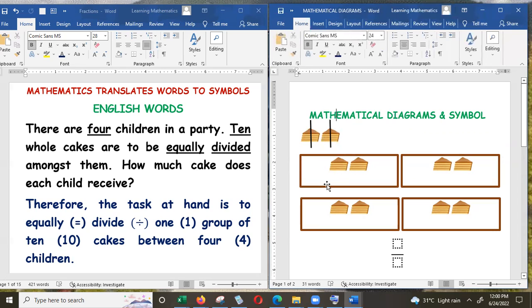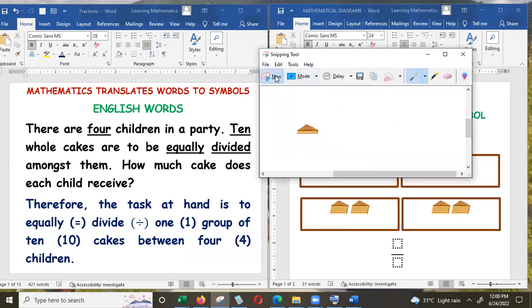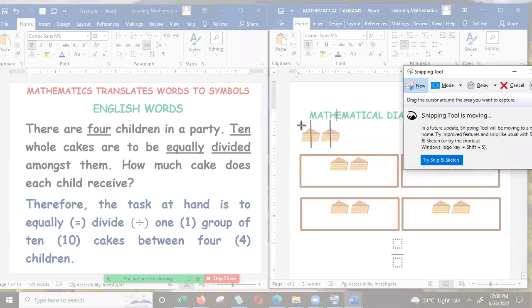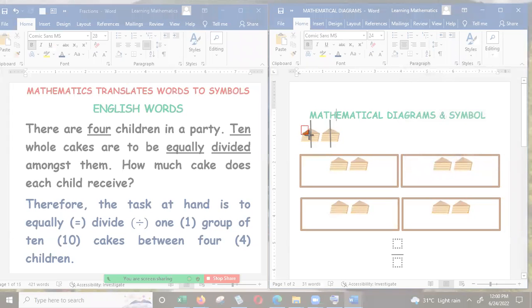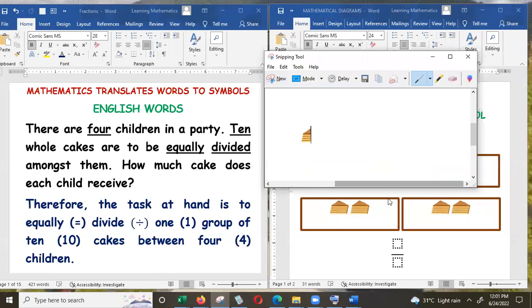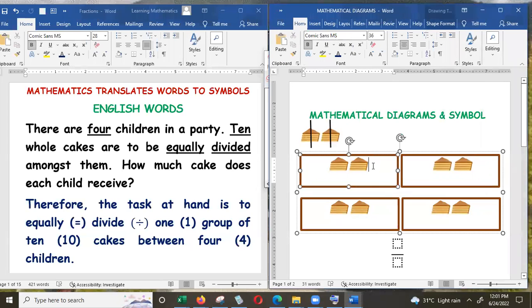Now, if you notice that each piece is like 1 out of 2. So here I'm going to slice this one. When I slice this one and give it to that child, this child received 1 out of 2 slices from a whole.